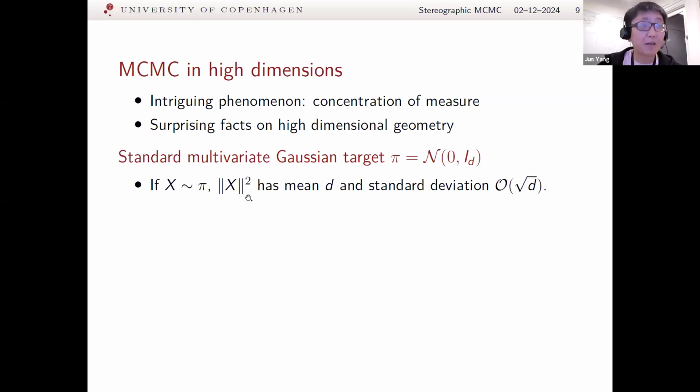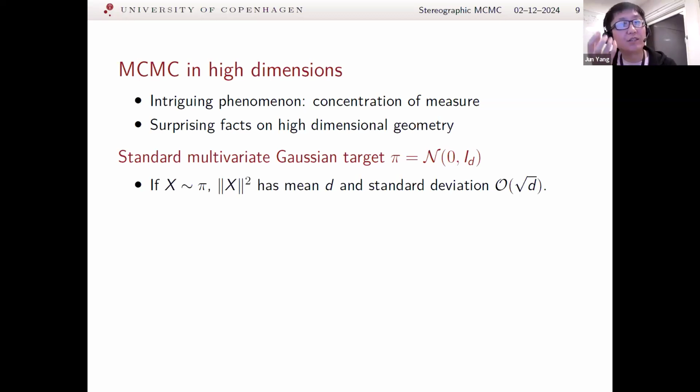Then by the law of large numbers, this squared norm will converge to the mean, which equals d, and has a standard deviation of square root of d. Which means if you have a random sample from a standard Gaussian, this random sample actually is not in the neighborhood of the mode. Actually it's quite far away from the mode, because the squared norm is almost equal to d, which means the distance to the mode is almost square root of d.